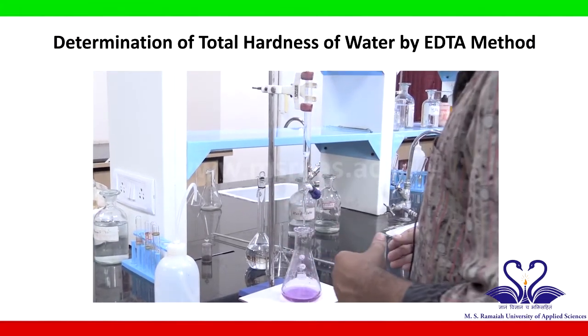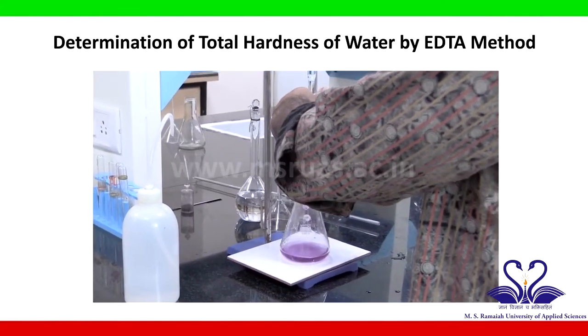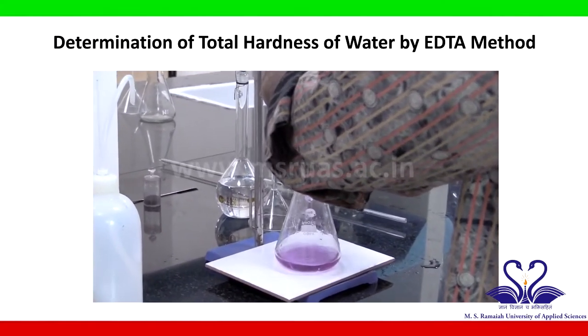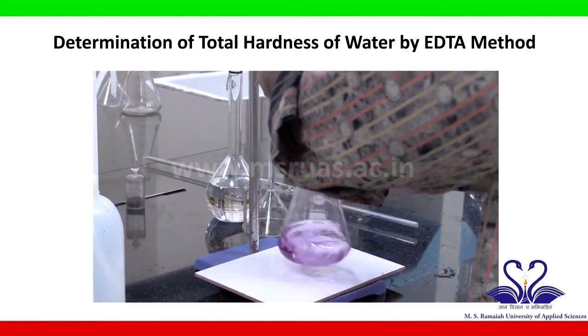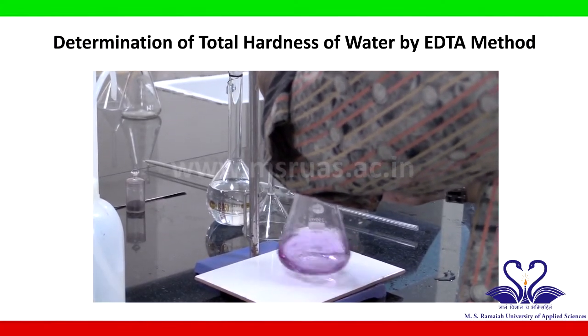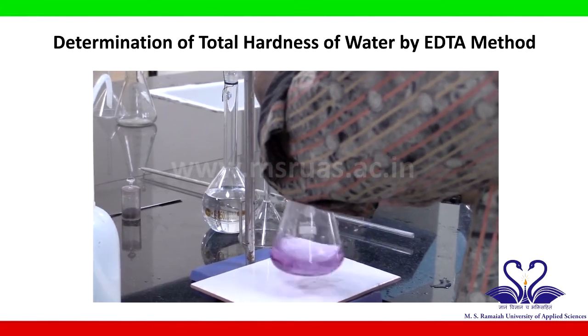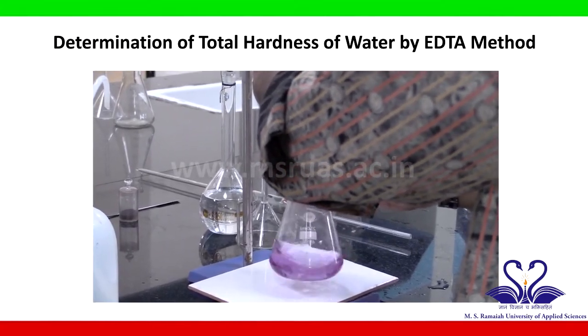So now let me start the titration. It is 0. In the left hand I am holding the burette, and the right hand is continuously swirling it. I know what the end point is. The end point should be blue in color, so I have to titrate until I get the blue color solution.